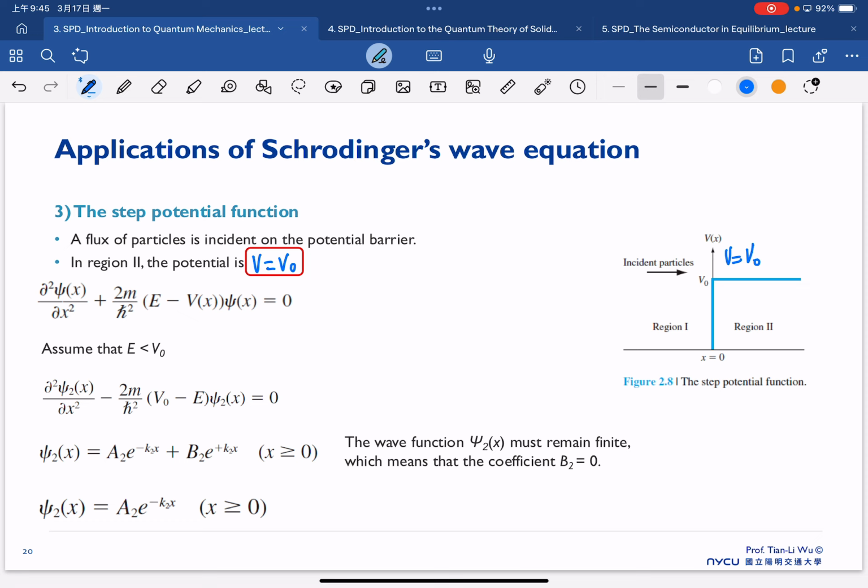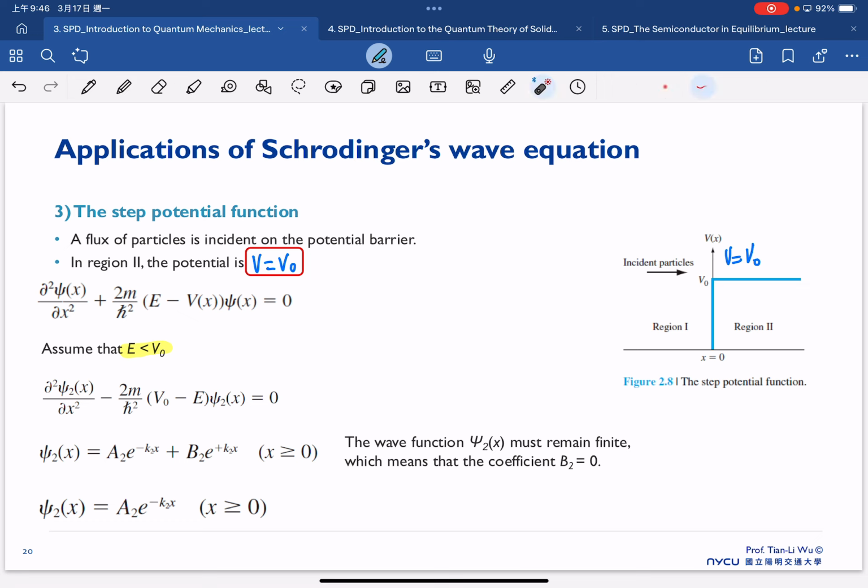We always start from the time-independent wave equation, but now we have to figure out how to address the potential here. We make a small assumption where our energy is smaller than V0. I think this makes sense.